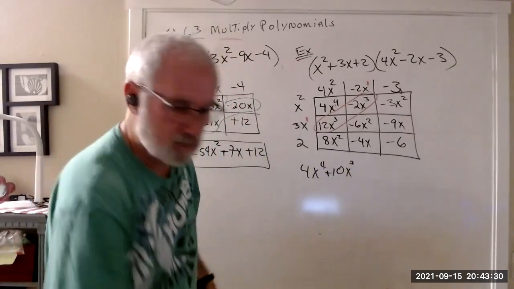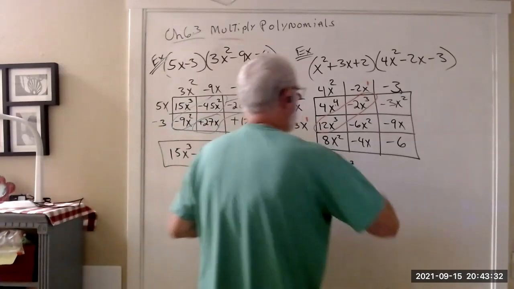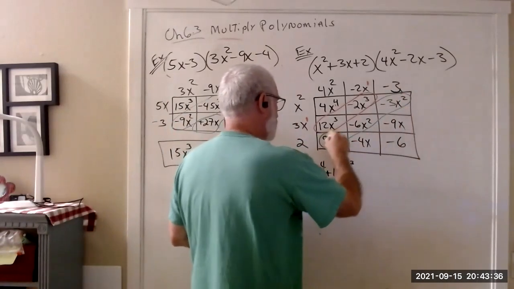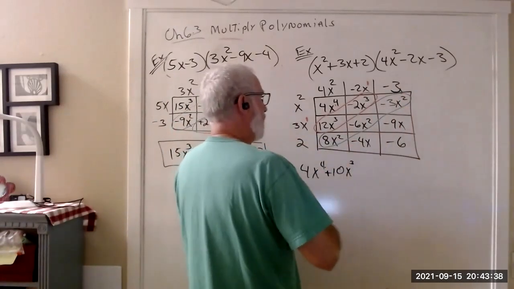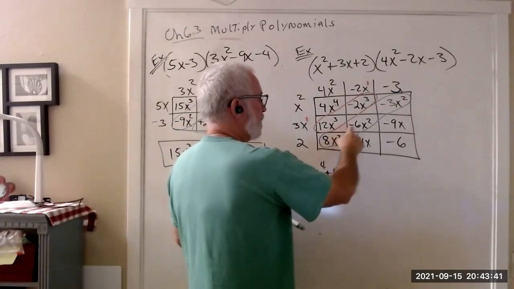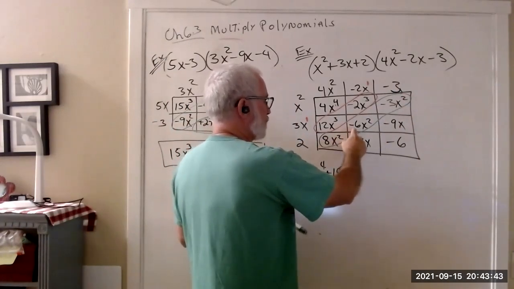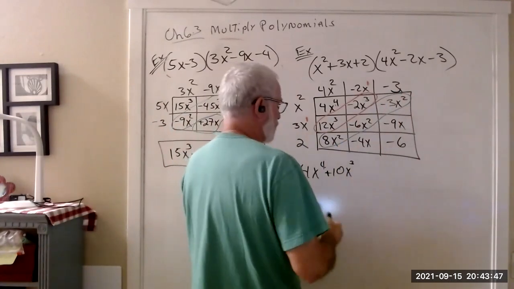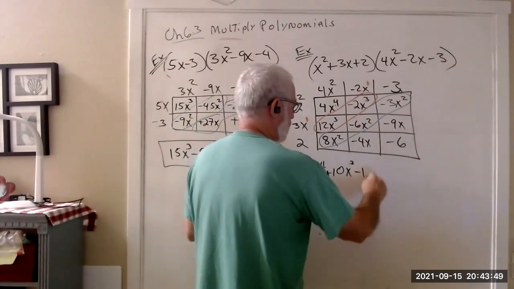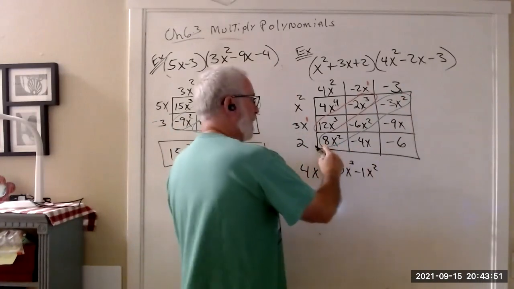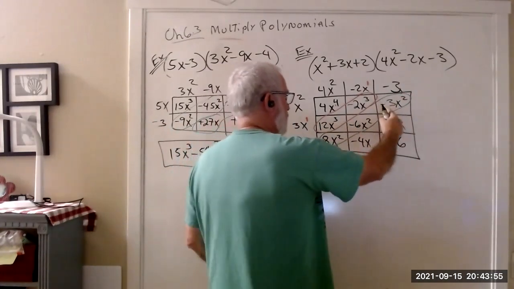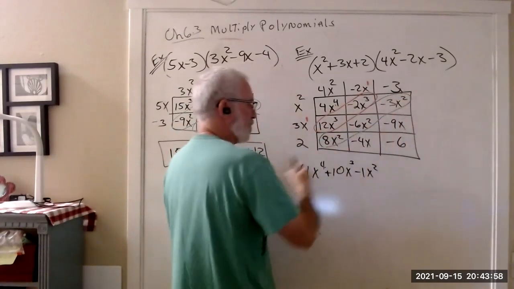Another diagonal, my x squareds. This is like a word search, isn't it? Okay. 8x squared, take away 6 is 2x squared. Take away 3 is negative 1x squared.